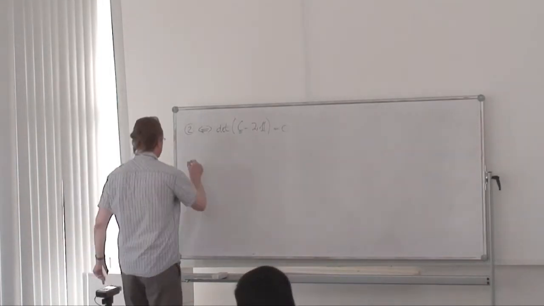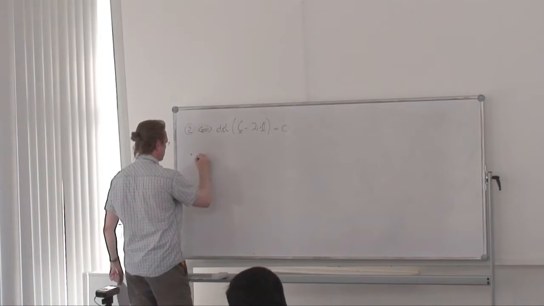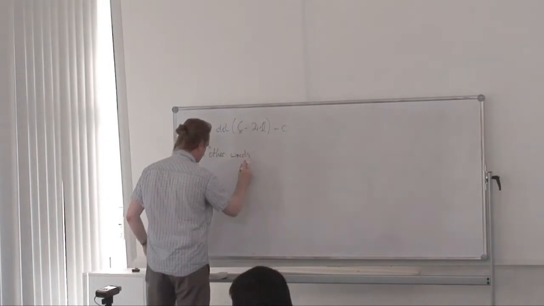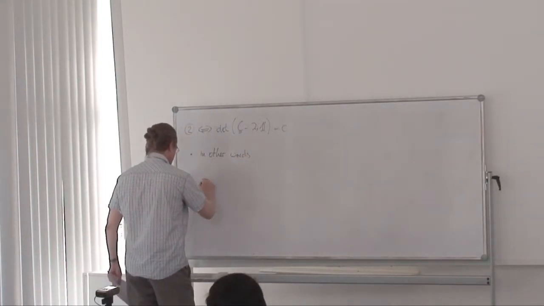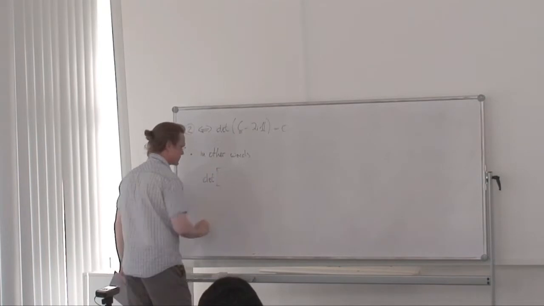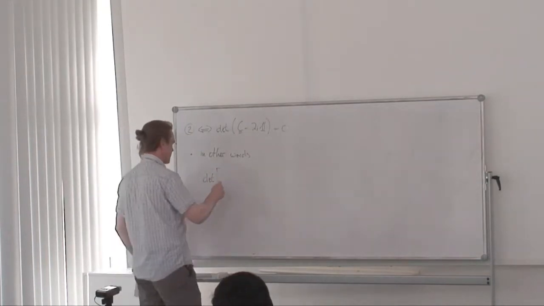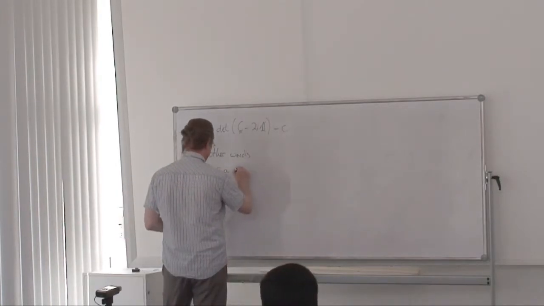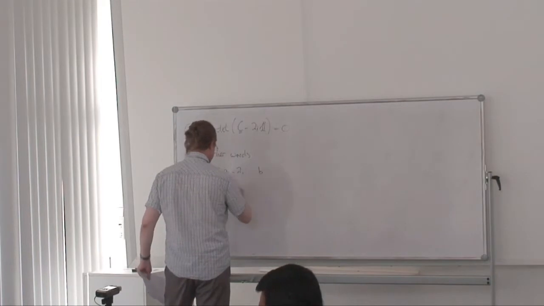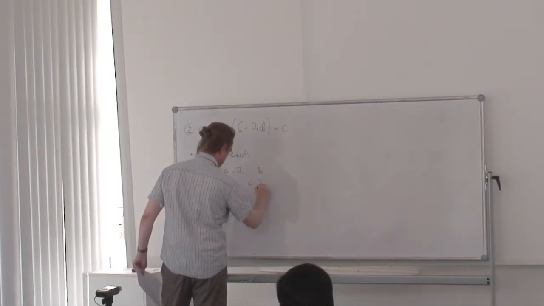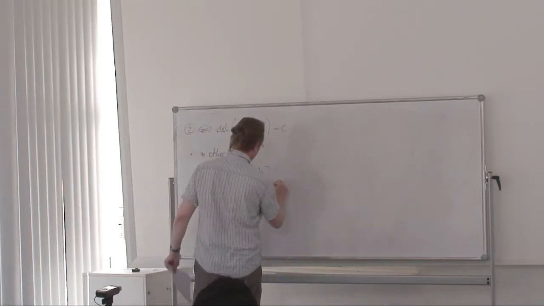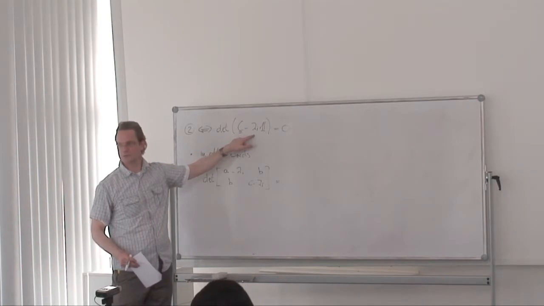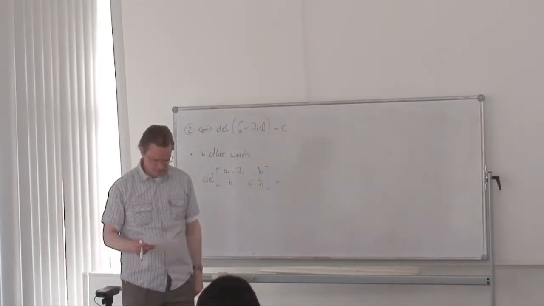In other words, we are now at the following point. The determinant of the following matrix, and I'm using this A, B, and C notation: A minus lambda I, B, B, and C minus lambda I. This is the matrix C minus lambda I times the unit matrix, given what we had on the slides.